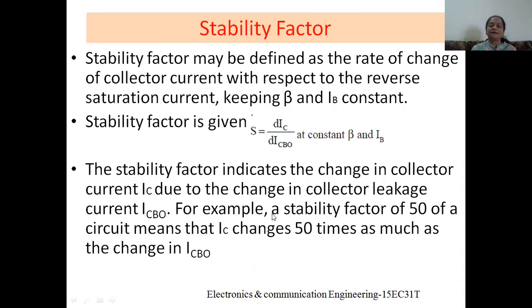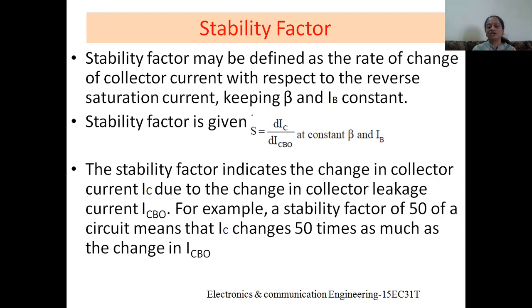As I said, the collector current is dependent on temperature, the transistor parameter beta, and the base emitter voltage. This variation in collector current is measured by the stability factor. Stability is nothing but how stable the collector current is. The stability factor may be defined as the rate of change of collector current with respect to the reverse saturation current. When the collector current changes, the leakage current changes, it produces heat.